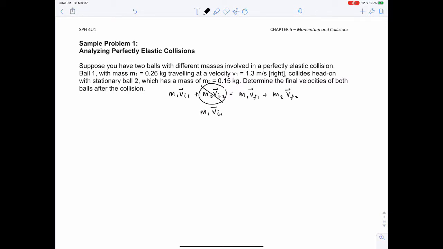So the initial conditions simplify to M1 V initial 1 is equal to M1 V final 1 plus M2 V final 2. Now in this example, our job is to find V final 2 and V final 1. We have two unknown values. In order to solve with two unknown values, we're going to have to use substitution.